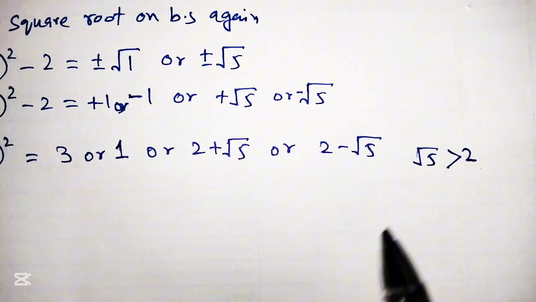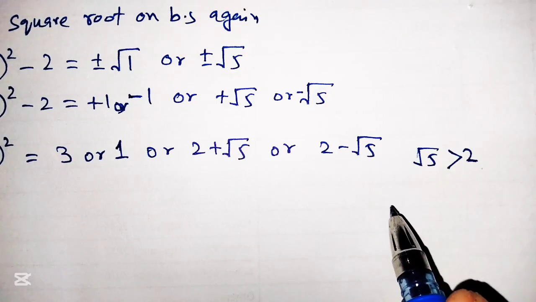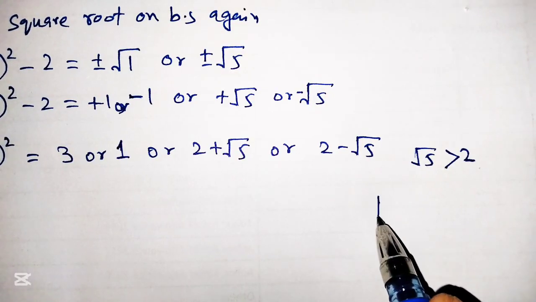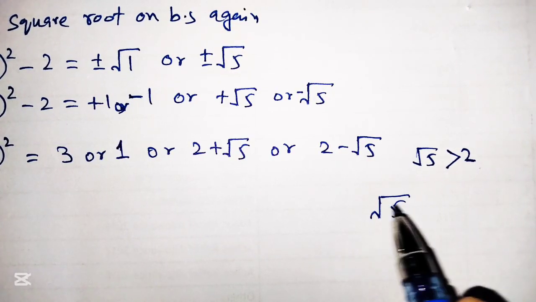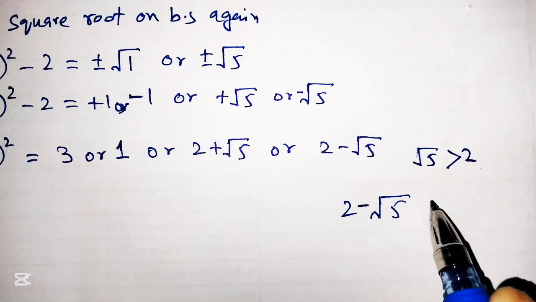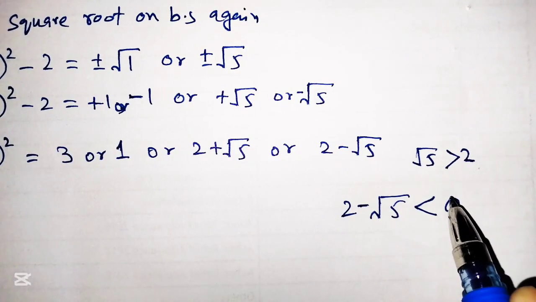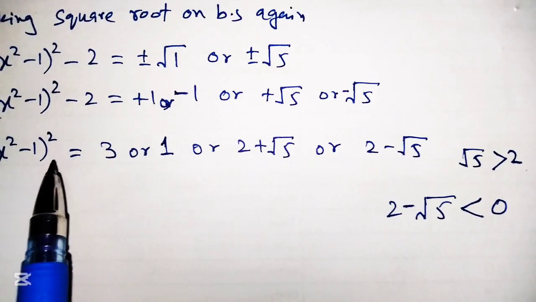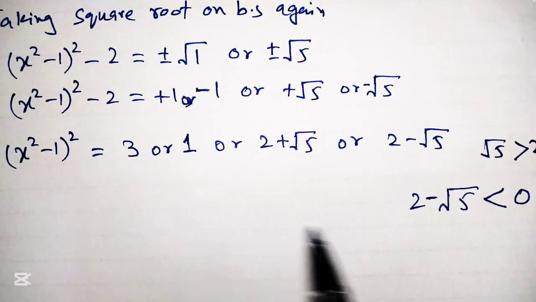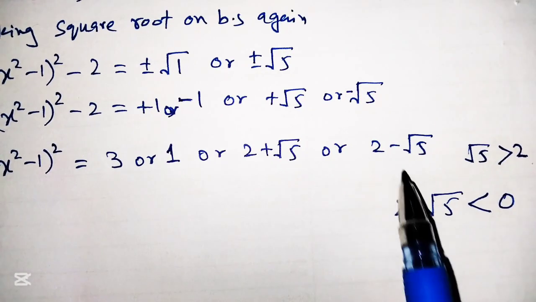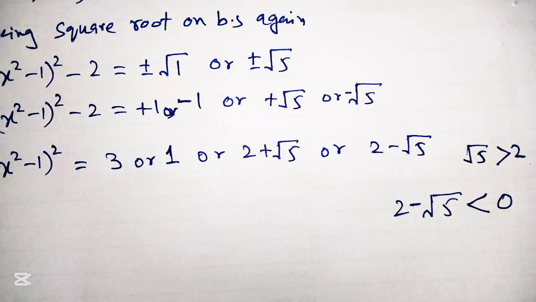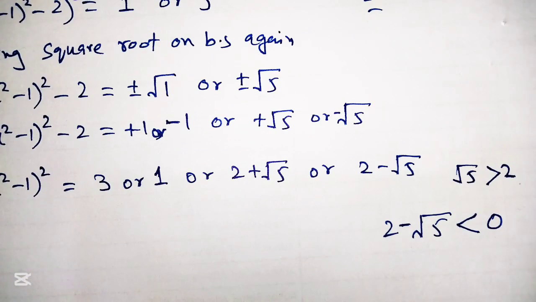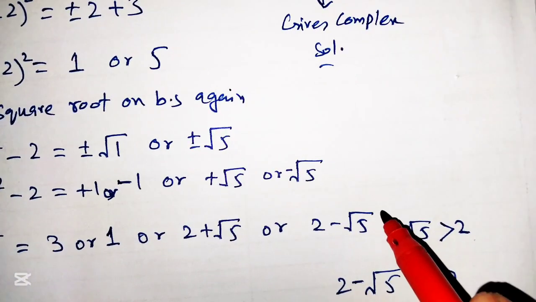That's why the term 2 minus square root of 5 is less than 0. And as it is less than 0, when we take another square root, it will become complex. So this solution is rejected. We reject it as it is less than 0.